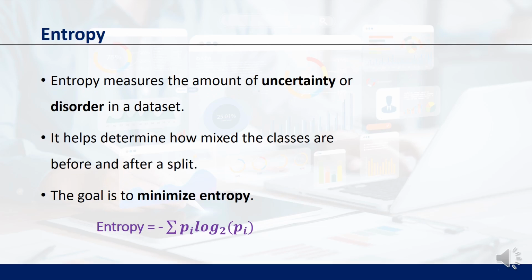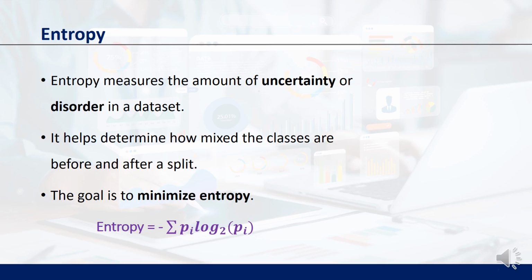Entropy is one of the most important mathematical concepts in decision trees. Entropy measures the amount of uncertainty or disorder in the dataset. In simple terms, it tells us how mixed the classes are in the node. If a node contains only one class, there is no uncertainty. Therefore, entropy equals 0.